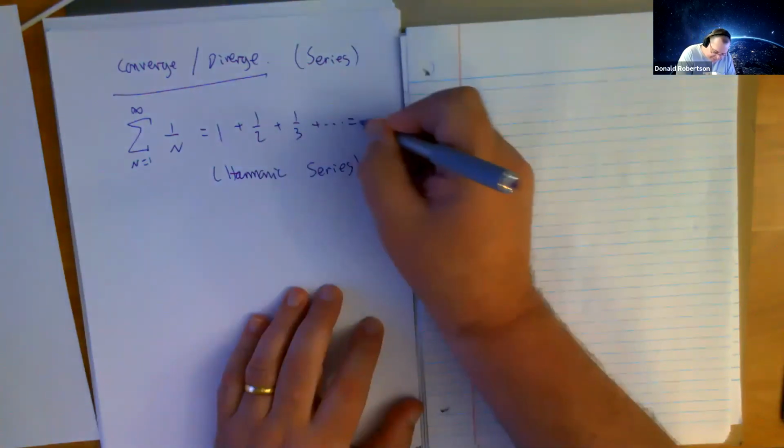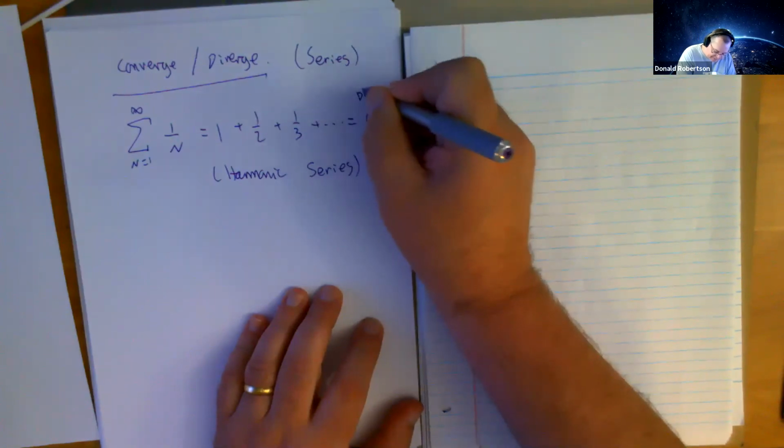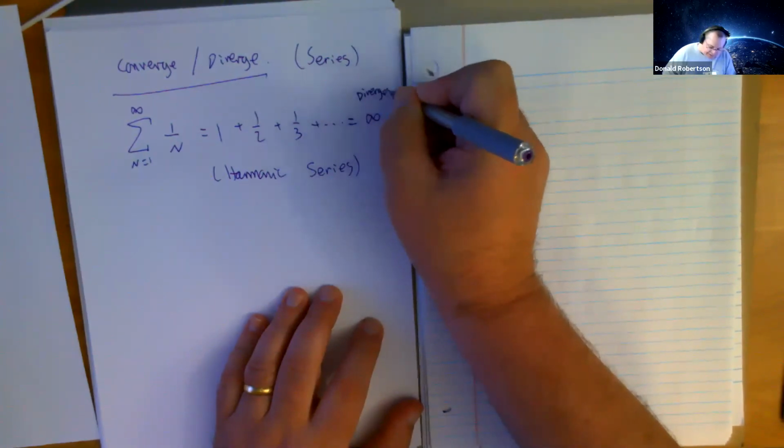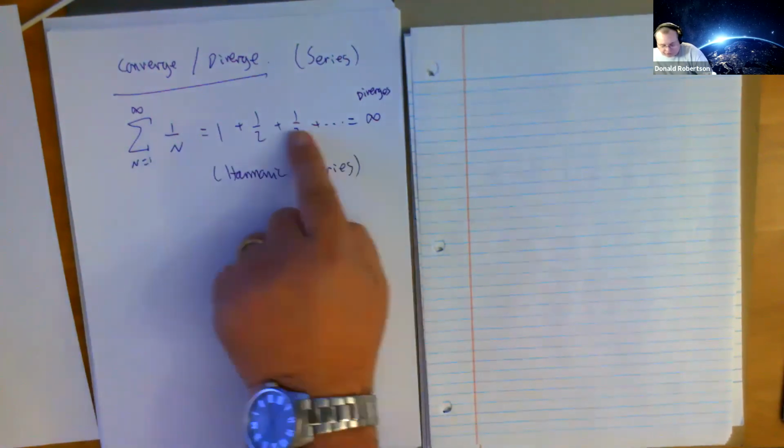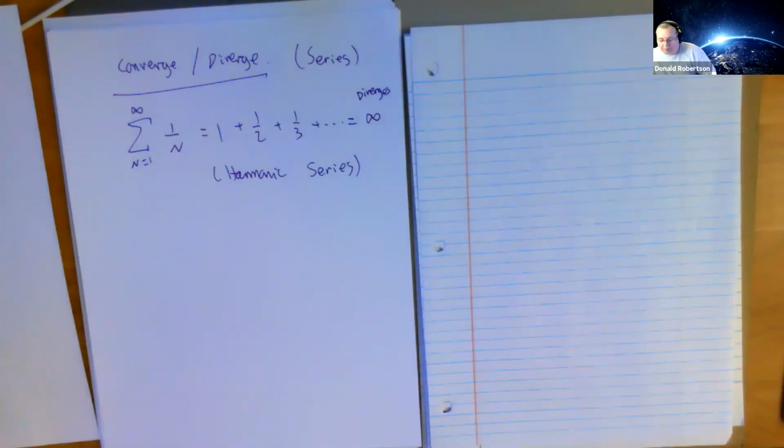When you take this guy, it diverges to infinity. Why? Because I tell you it does, if you like, but it does. Now, any member of its family also diverges. Now, you might think that the individual terms go to 0, because they do. But they go to 0 so slowly that when you add them all up, the answer could be infinite. Now, that might seem like a contradiction. It's not.